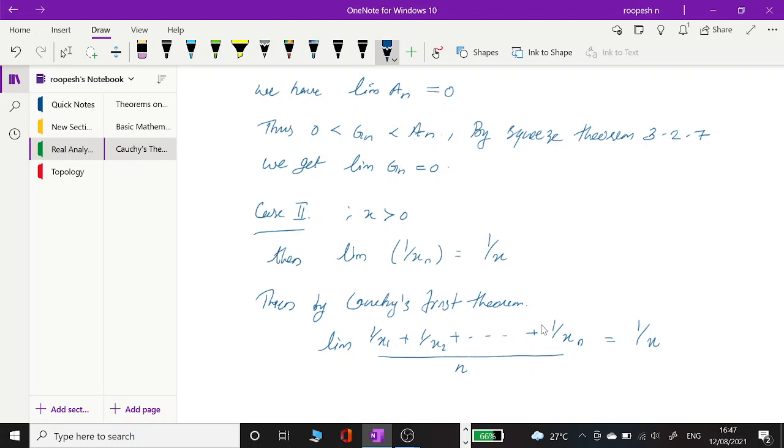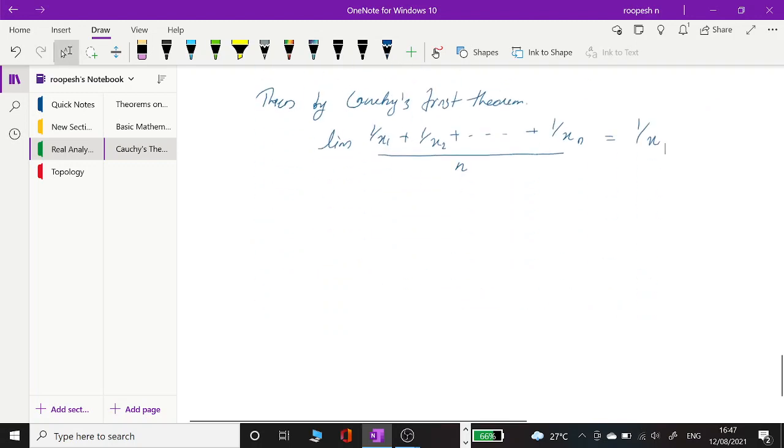Thus what are we getting? Thus limit of An is equal to limit of Hn. Hn means exactly the opposite of this, right? Reciprocal of this. Hn is equal to x.